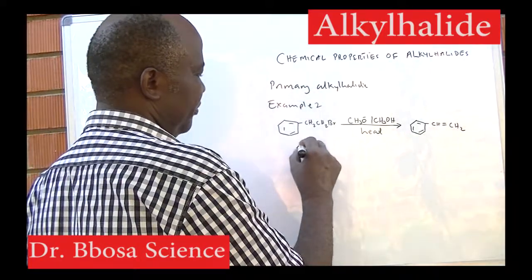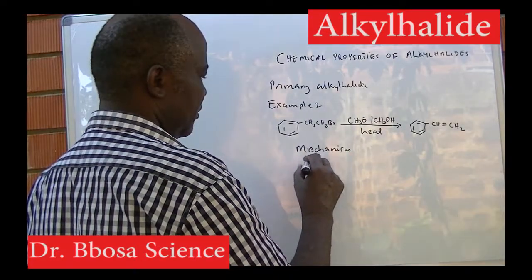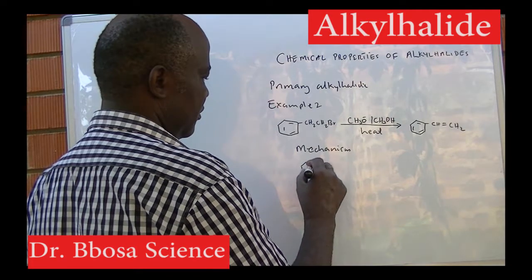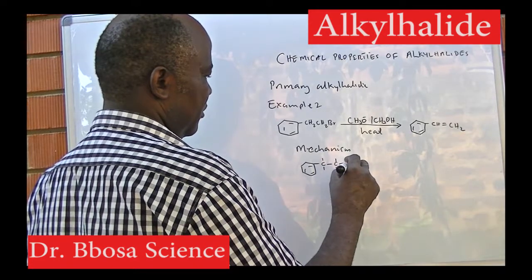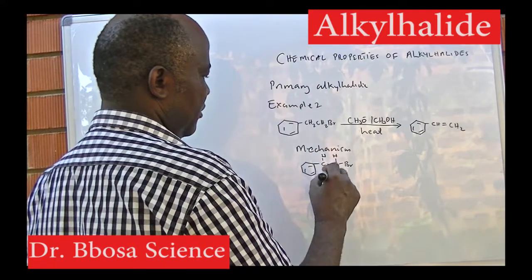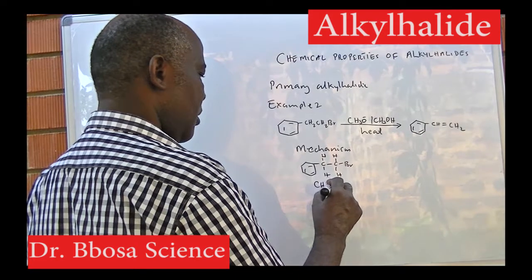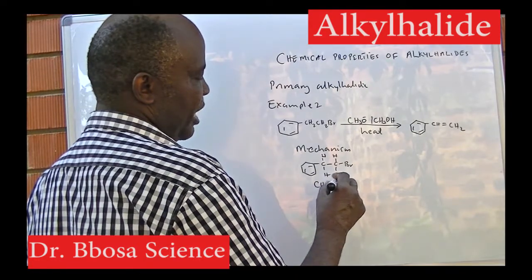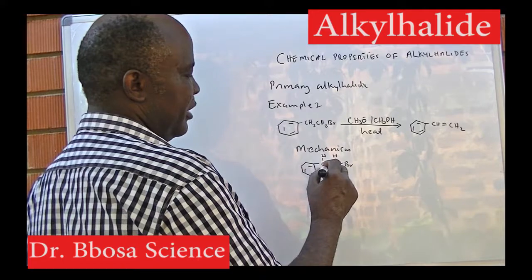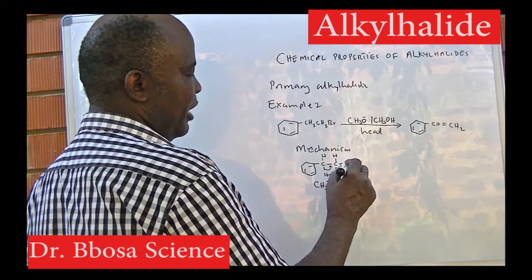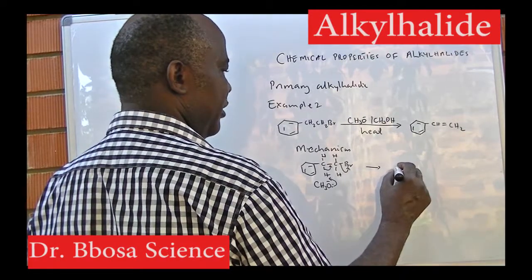Then the mechanism: the methoxide ion will pick a proton from a carbon next to the one carrying a bromine atom. The double bond forms. Then the bond between the carbon and bromine breaks to form phenylethene.